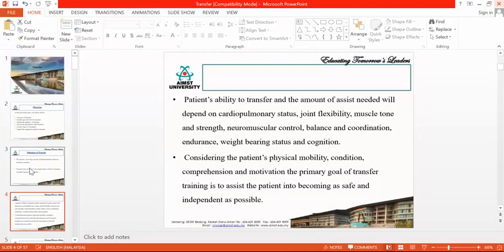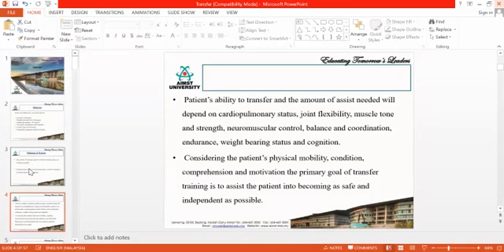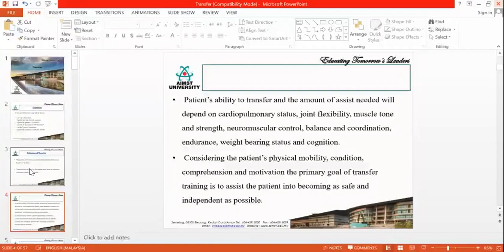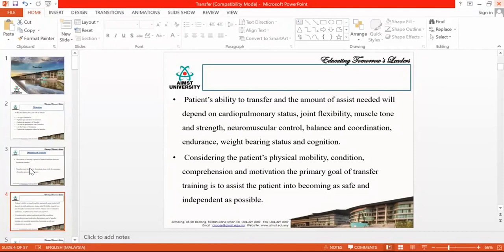So you need to see how far the person will be able to be transferred without the machine, or what the condition of the patient is. Depending on all these things, we have to decide how to shift the person from one place to another. Is that clear? Okay.